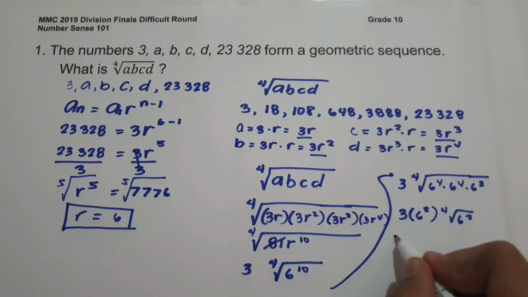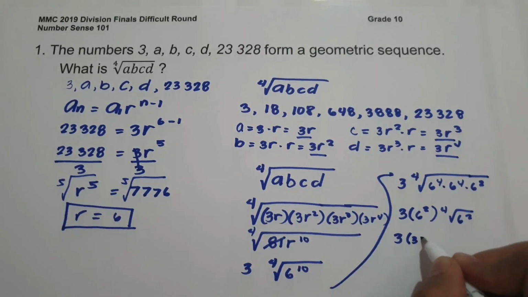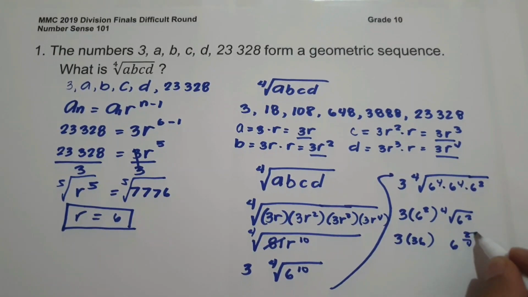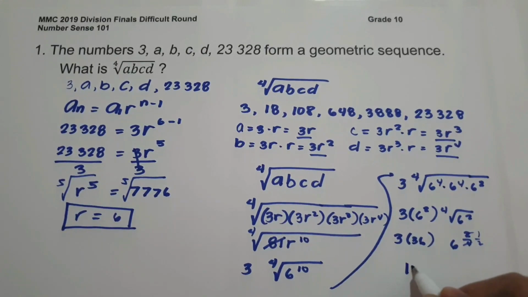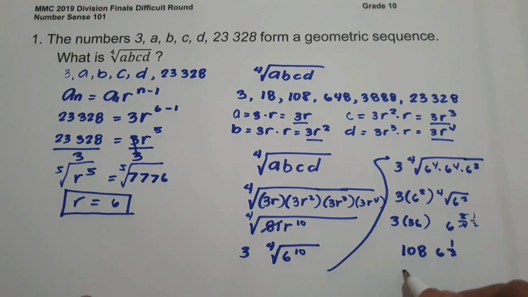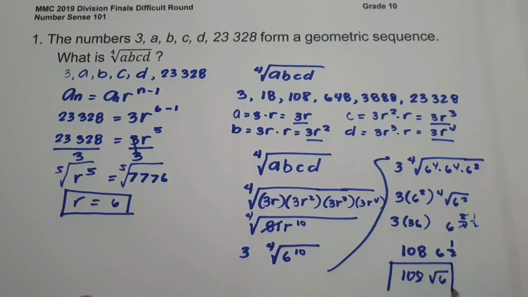So let us have 3 times 6 squared, that is 36. And the fourth root of 6 squared can be written as 6 raised to 1/2. So therefore, 3 times 36 is 108, and then 6 raised to 1/2. So our answer will be 108 square root of 6. So this will be our answer.